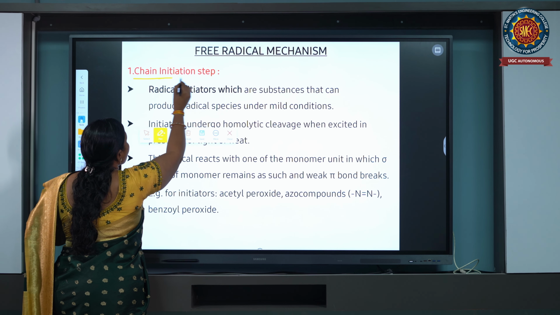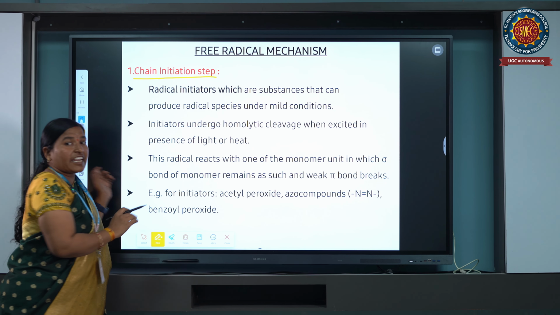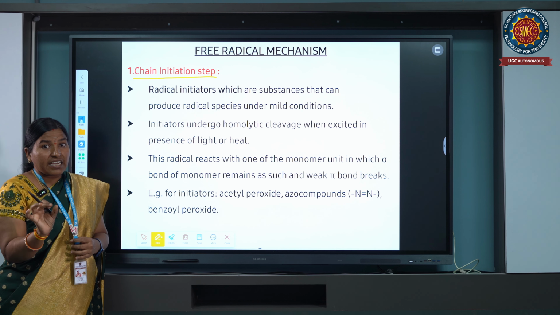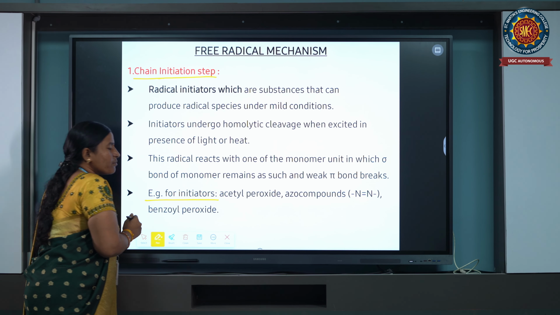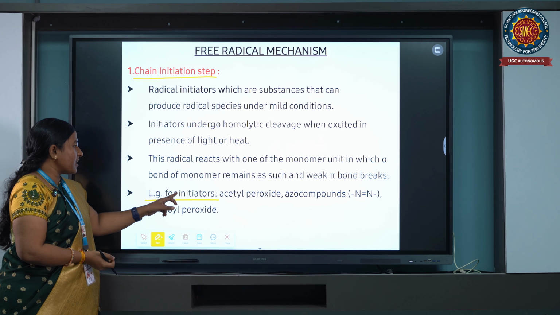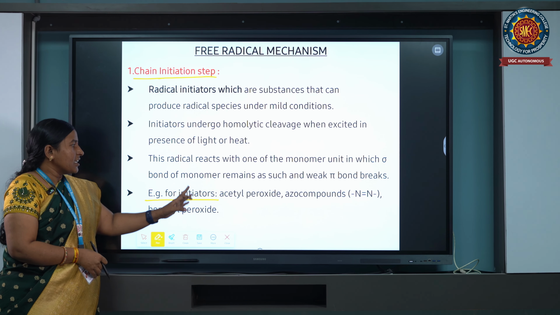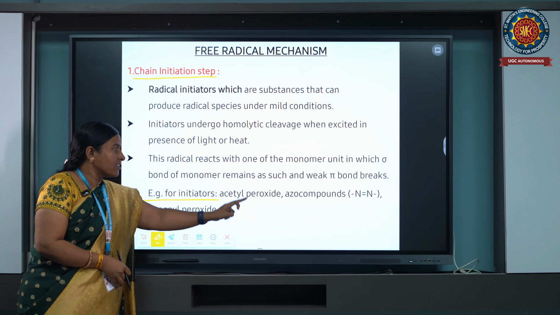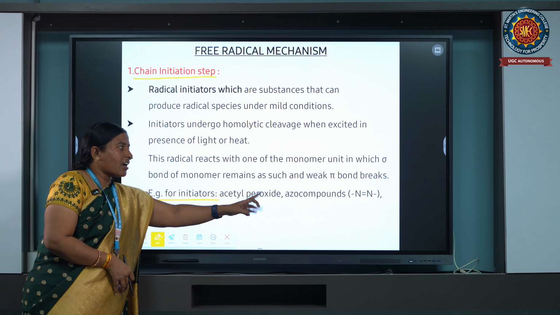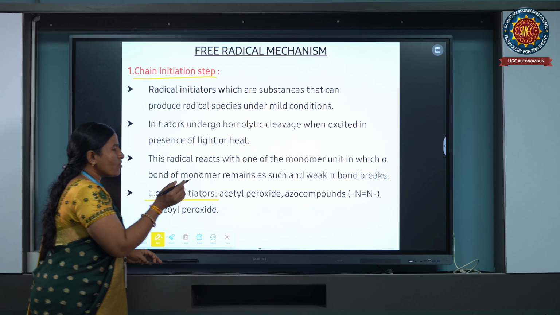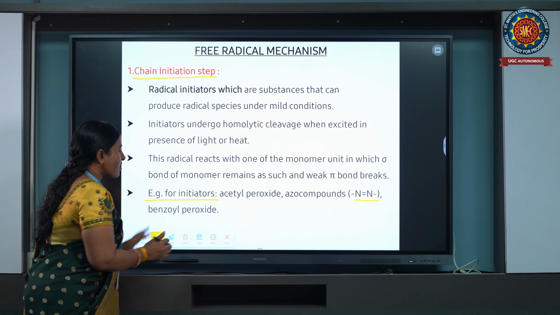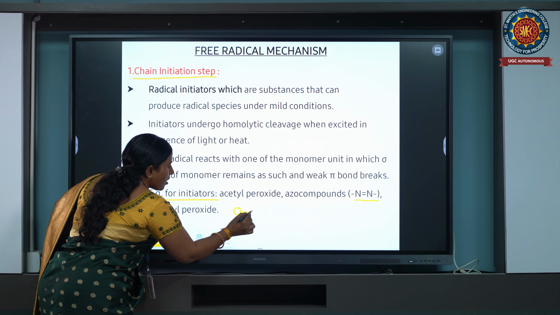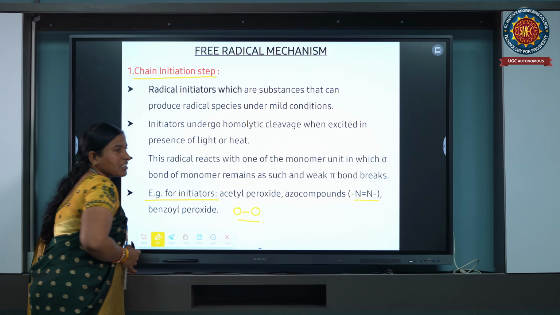That means we have to use a catalyst in the presence of light. Some examples of initiators are given: acetyl peroxide, benzoyl peroxide, or azo compounds. Azo compounds are nothing but N double bond N. In peroxide compounds, an oxygen-oxygen single bond is present.